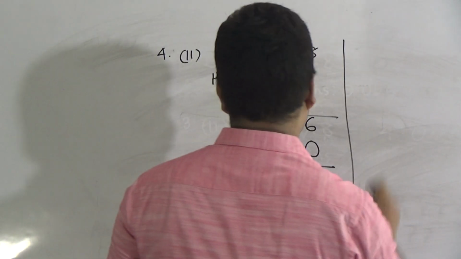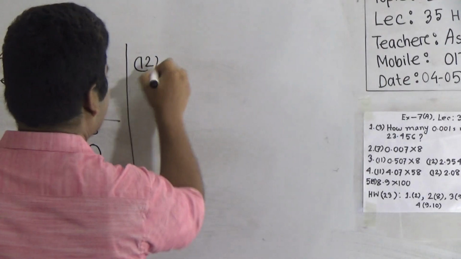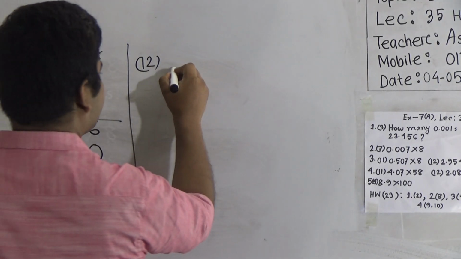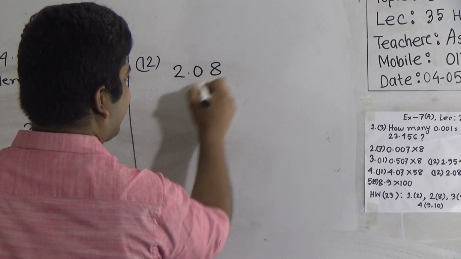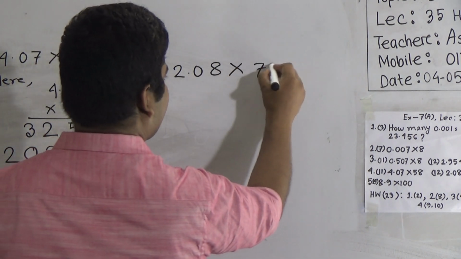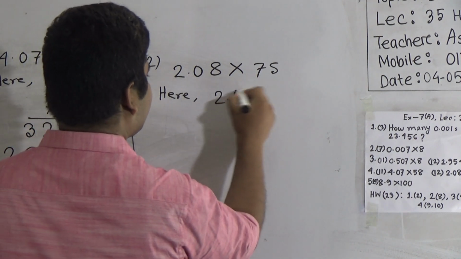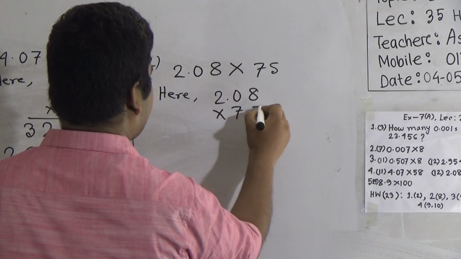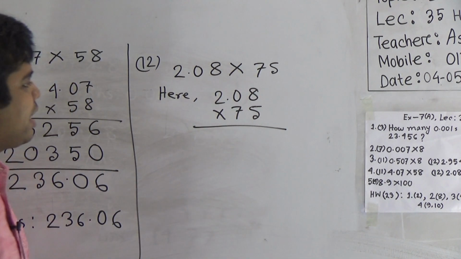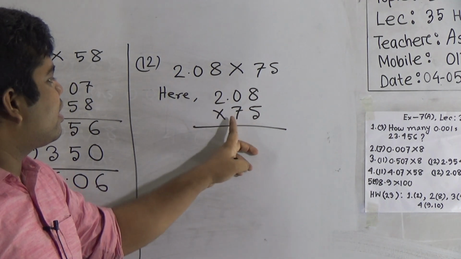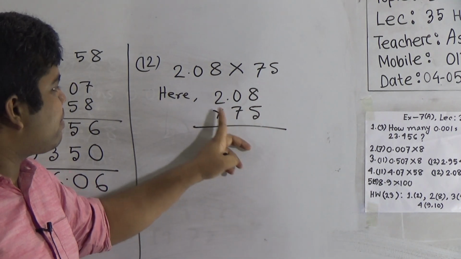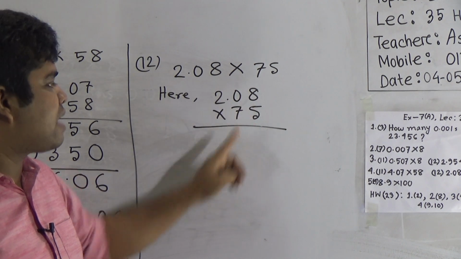Next we shall solve question number 12. So dear student, question number 12 is 2.08 multiplied by 75. First of all we multiply 2.08 by 5, then we multiply 2.08 by 7.